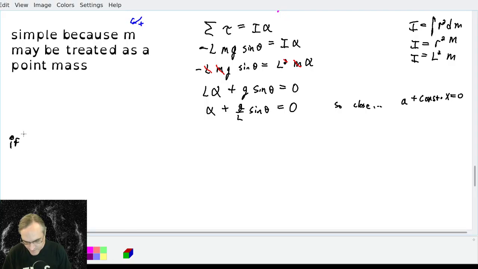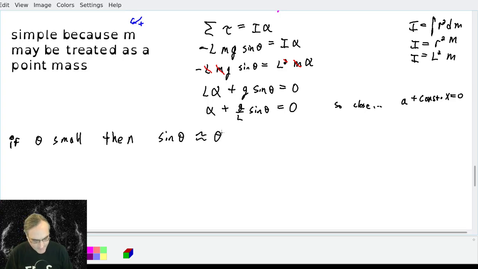If theta is small, then we get sine theta is about the same as theta. Technically only in radians.